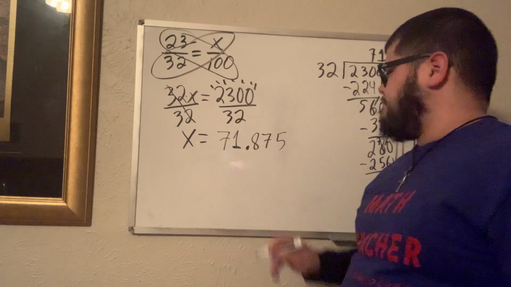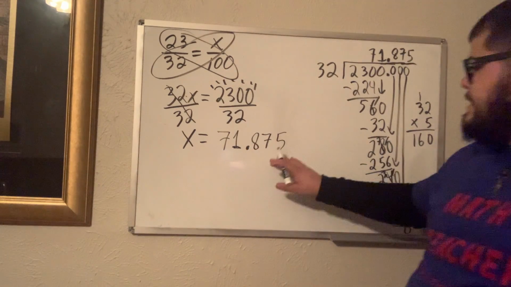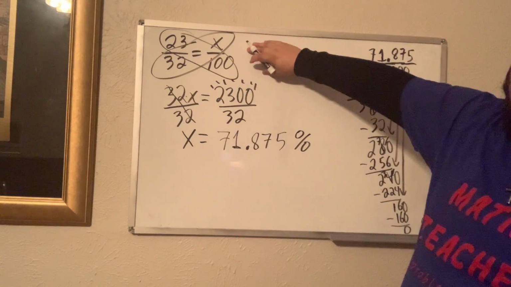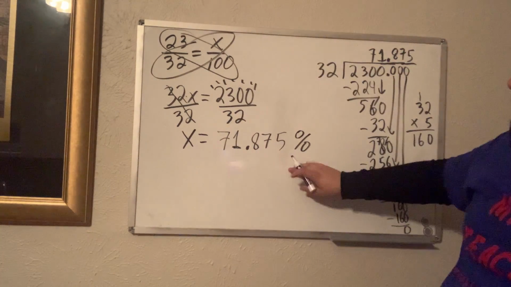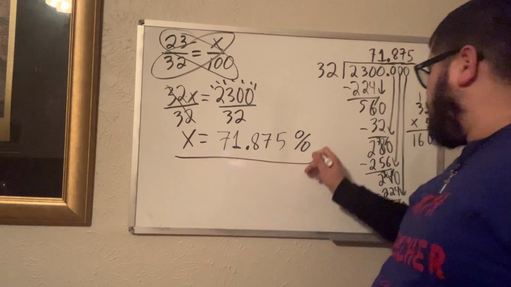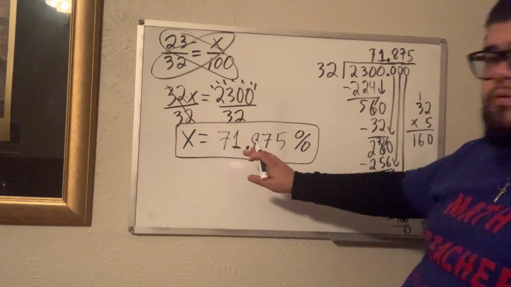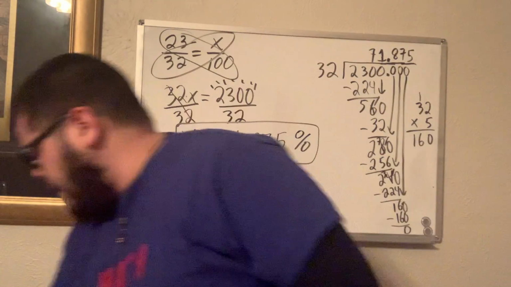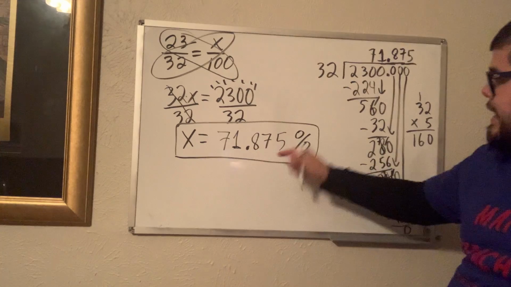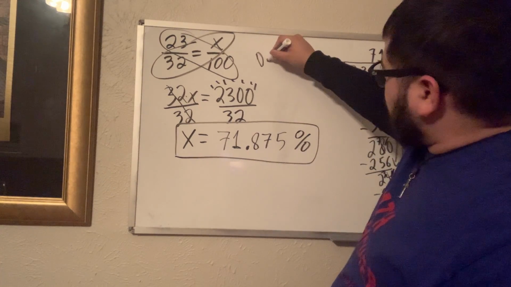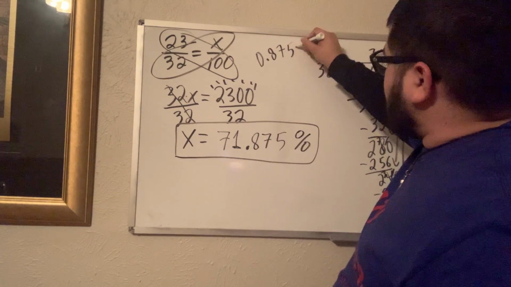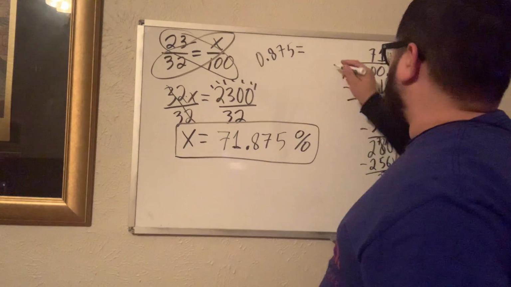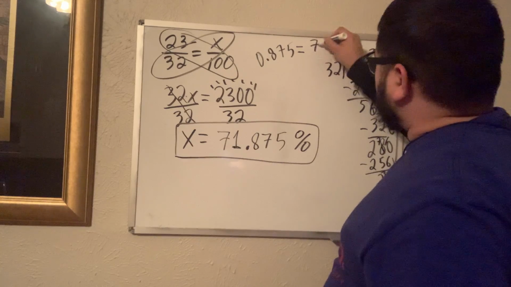71.875. And so this is the percent, because we were looking for a percent in our percent equation. So we got to add our percent symbol: 71.875% of the class was men. Now, another way I want you to write this is because 0.875, if we were to convert that to a fraction, the fraction we would actually get is 7/8.